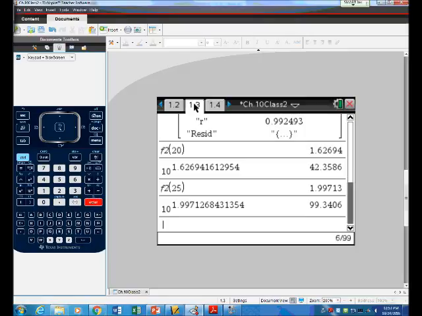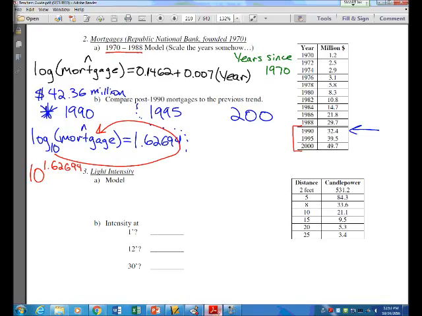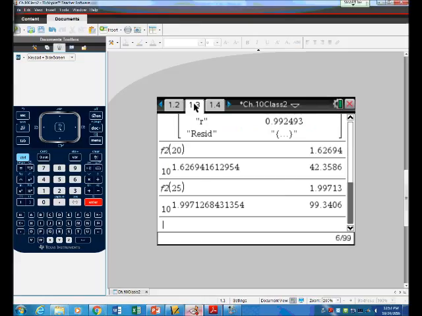And then let's do 2000, which is going to be 30 years since 1970. So F2 of 30. When I do 10 to that power, you get 233 million, basically. 233 million.